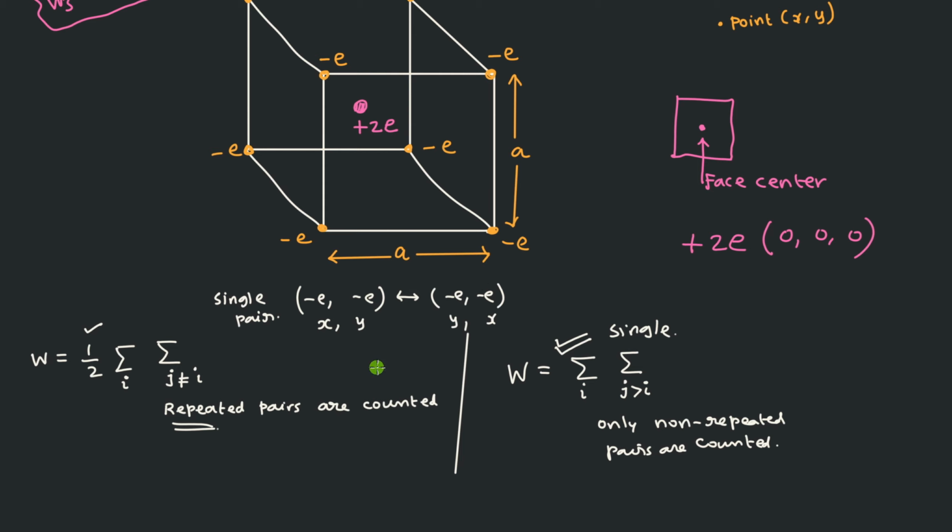In the last class I explained. Now once again I am explaining, to make sure that you use the correct formula: either you use this one and make sure that you count double the time, or you use this formula and make sure that you count only one time. That point should be clear before you start the problem. Otherwise the entire thing will go wrong.